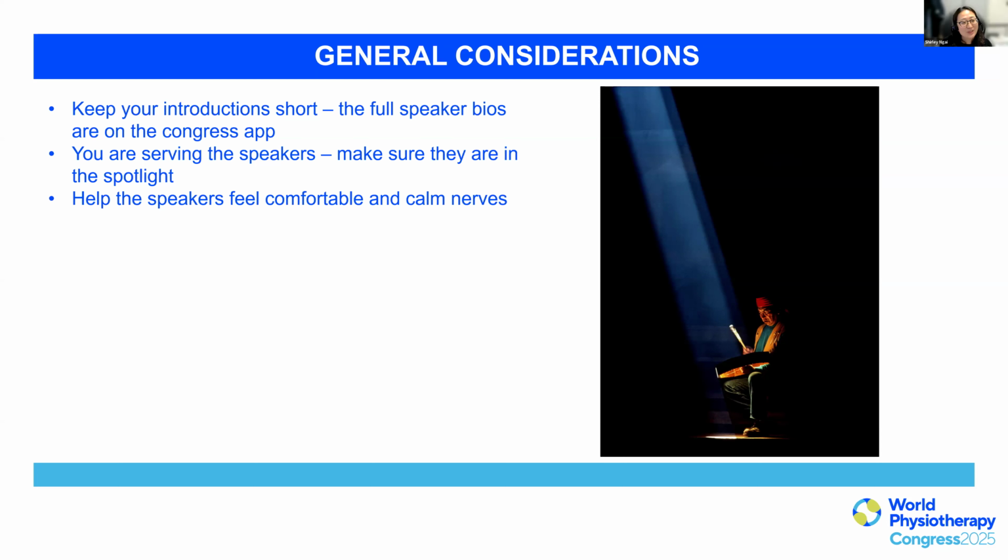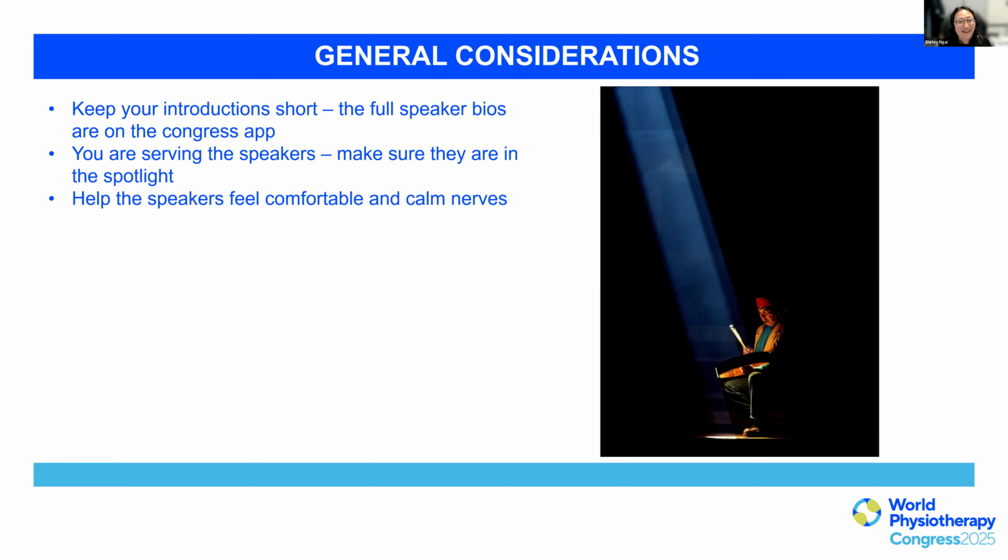I would like to highlight point 3, help the speakers feel comfortable and calm the nerves. Quite a number of speakers, their first language may not be English. So sometimes if the question from the floor is spoken too fast, or is too long or too complicated, the speaker may not be able to catch the content right on the spot.